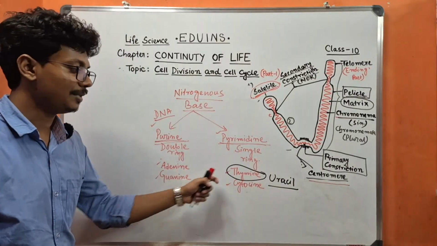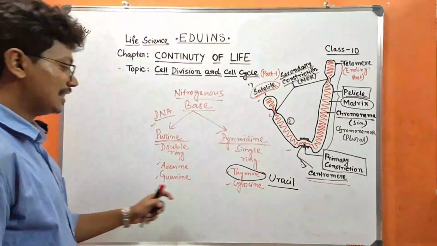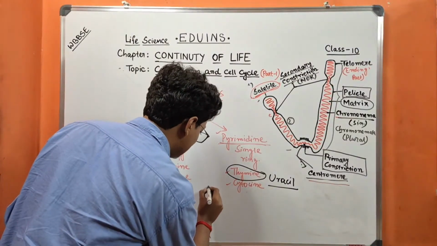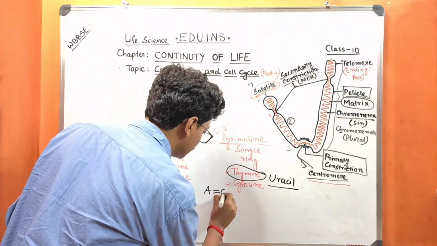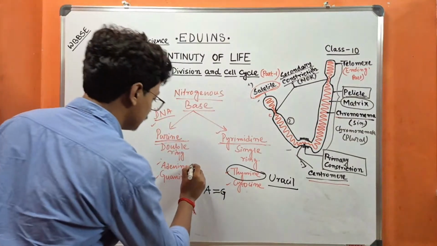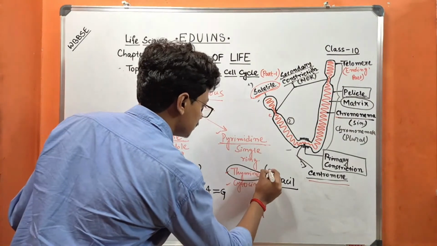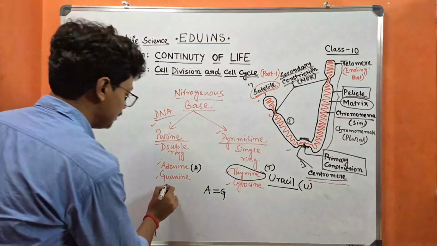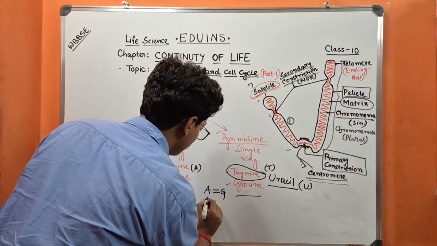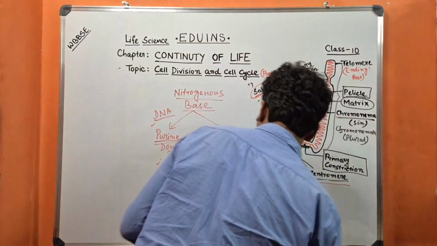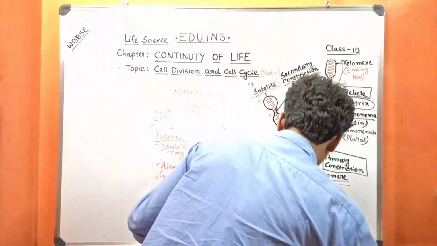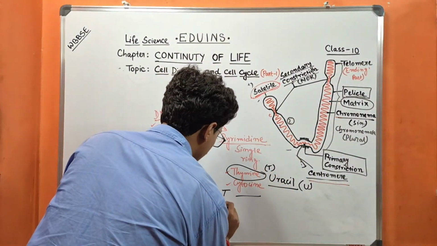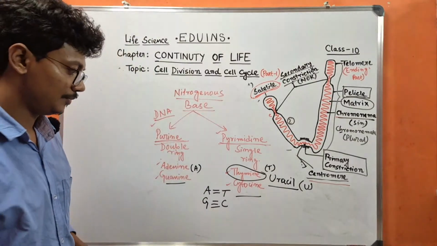This thymine is replaced by uracil, and the pairing between purine and pyrimidine is like this. Adenine and thymine are joined with a double bond, and guanine and cytosine are joined with a triple bond.